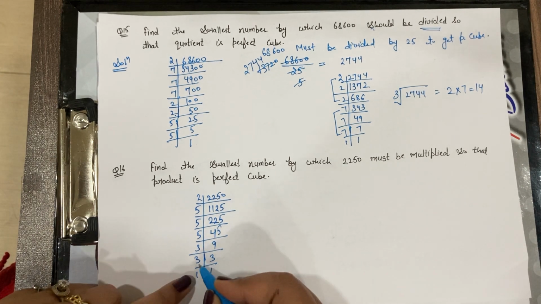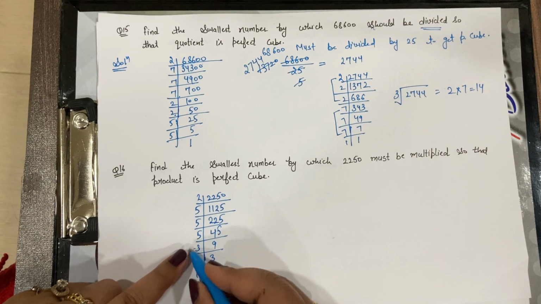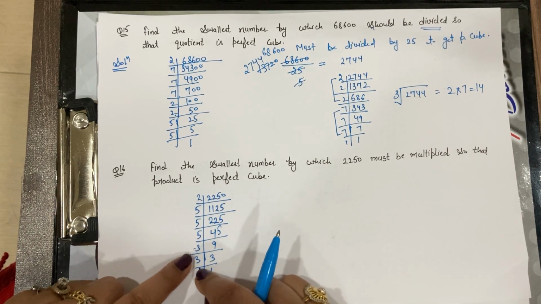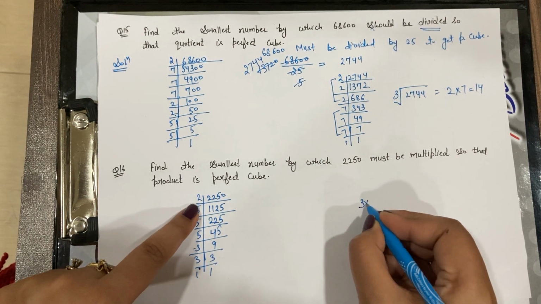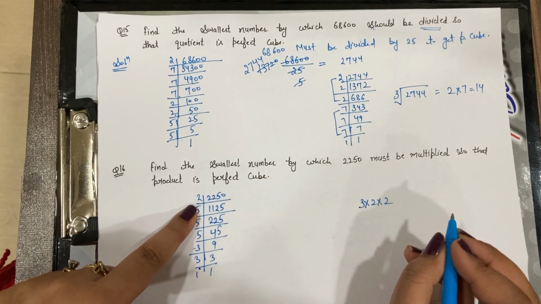See, here I need one more 3 to make it a perfect cube. I need one more 3. Otherwise, there is no triplet of 3. It did not occur 3 times. I need one more 3. And I need 2 more times 2, because 2 came only once. So these are the numbers which I need.